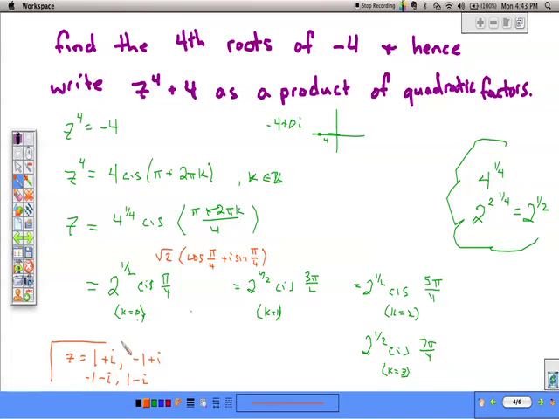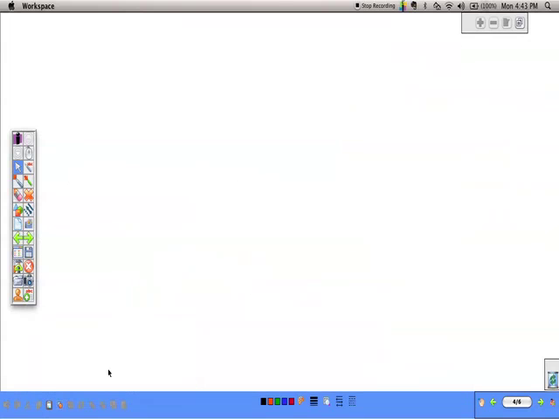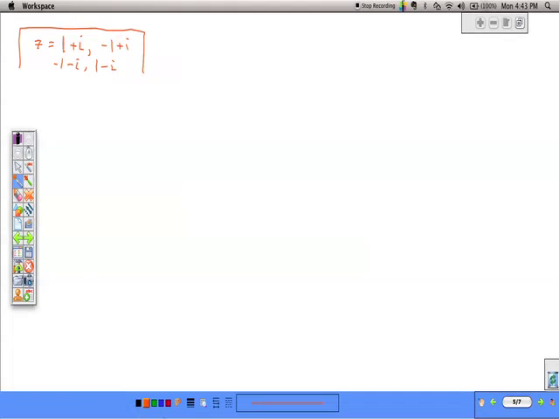And we can use those to write z to the fourth plus 4 in factored form using quadratic factors. So I'm going to take these onto a fresh page. And we're going to use properties of quadratics. So two of the roots are 1 plus and minus i.